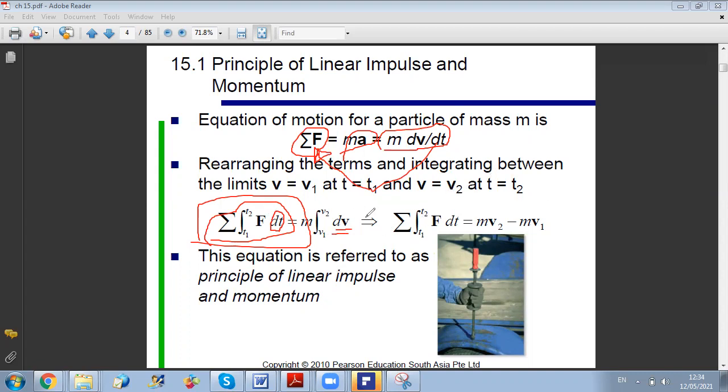The impulse is the integral of f dt. The linear momentum is the vector mv. So this theorem states that the sum of impulses of external forces acting on a particle or a system of particles is equal to the variation of the linear momentum, delta mv, which is mv2 minus mv1.